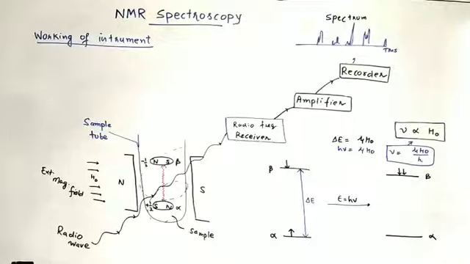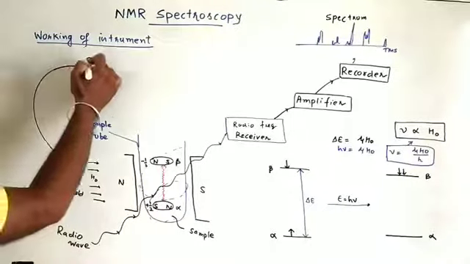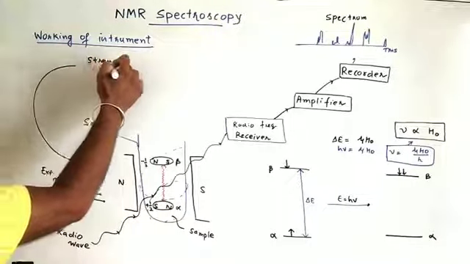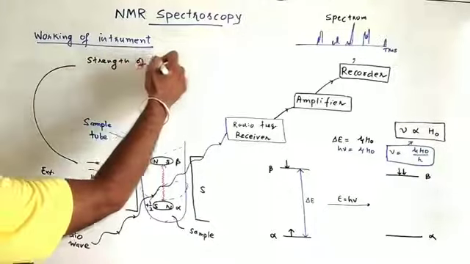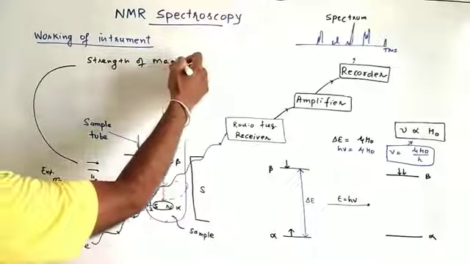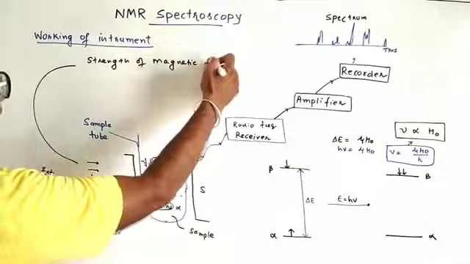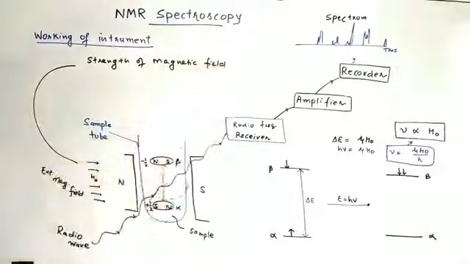Then what is the strength of the magnetic field that we use? The strength of the magnetic field used in NMR may vary from instrument to instrument.